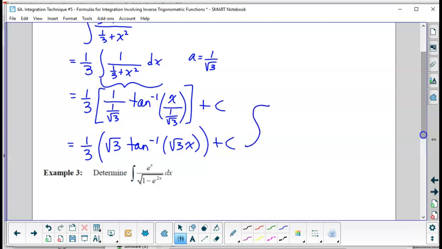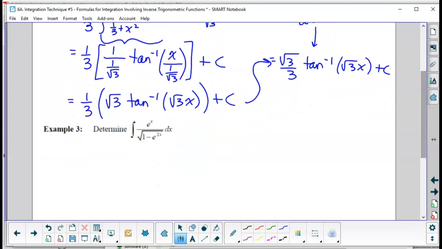And so I would show that as root 3 over 3 tan inverse root 3x plus c, or you can use this as arctan.